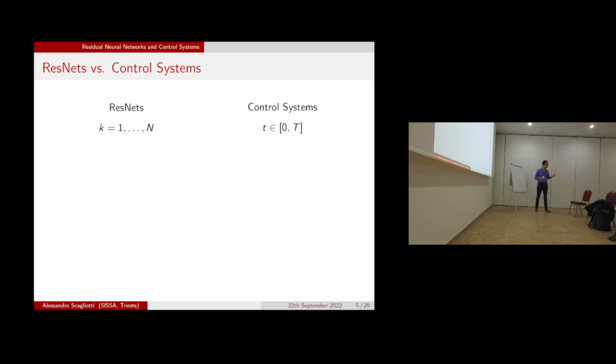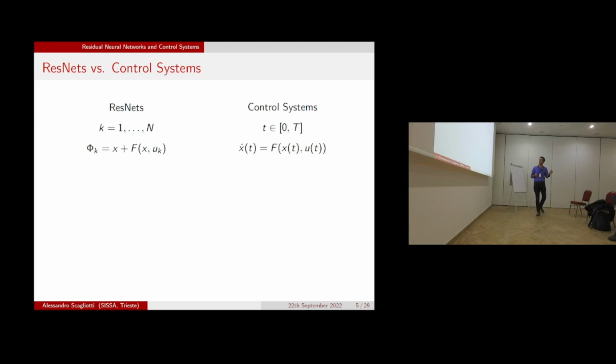So let's explore this parallelism more in depth. In the ResNet, time is discrete and corresponds to the layers of the network. On the other hand, in the control system, we are dealing with a continuous-time dynamical model, and hence time is continuous and takes values on a compact interval.